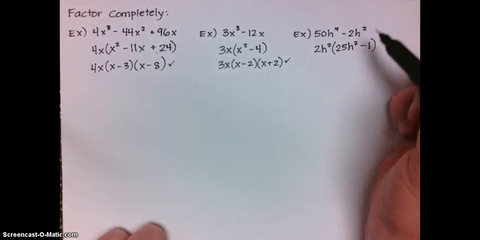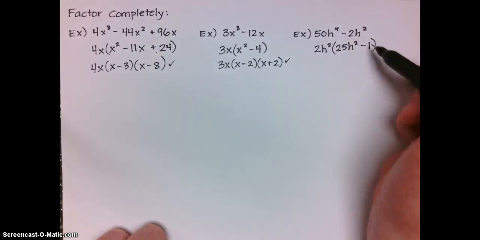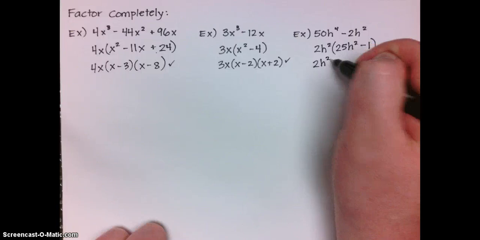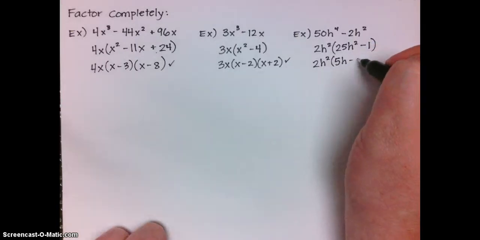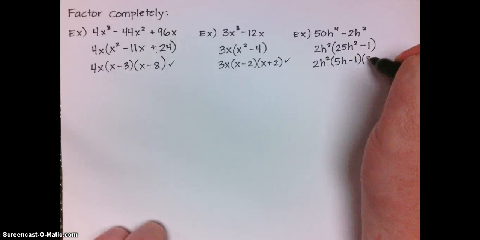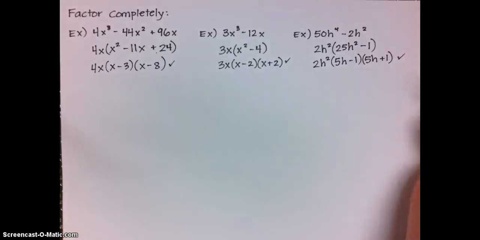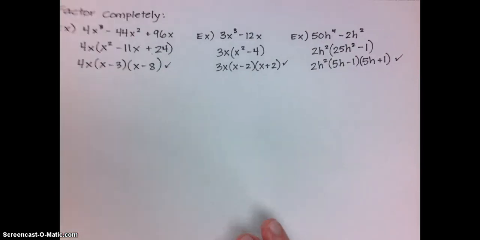And as you can see, 25 is a perfect square as well, and 1 is a perfect square, and so is h squared. So I can break this up even further, into 5h minus 1 times 5h plus 1. And I'm done. So I hope that this has helped you learning how to factor even more complicated problems.